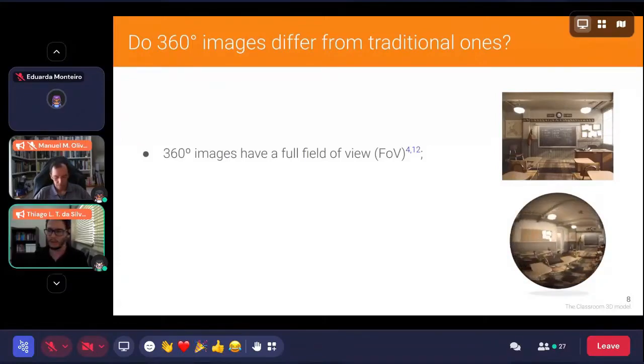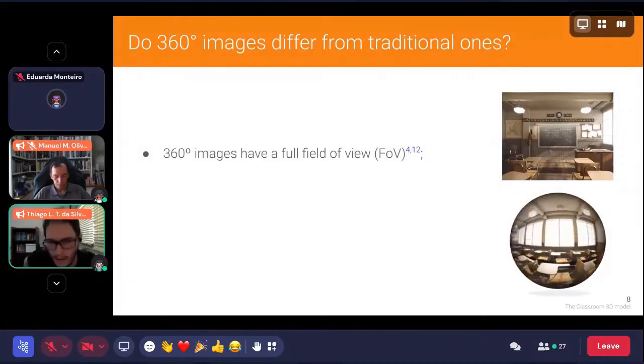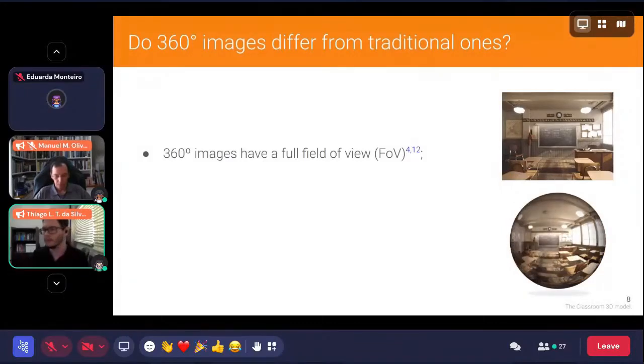So the first thing we need to rewrite here is what we saw, that the camera sees everything. We will now call it that the camera has what we say full field of view. So it sees everything, so we have a full field of view, and we call it FoV.